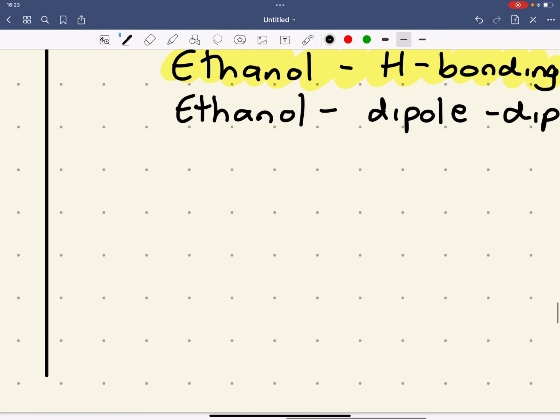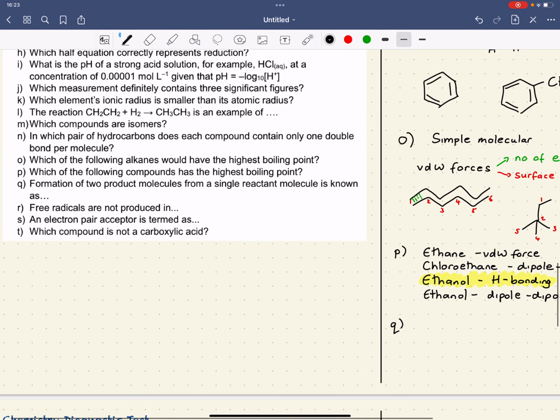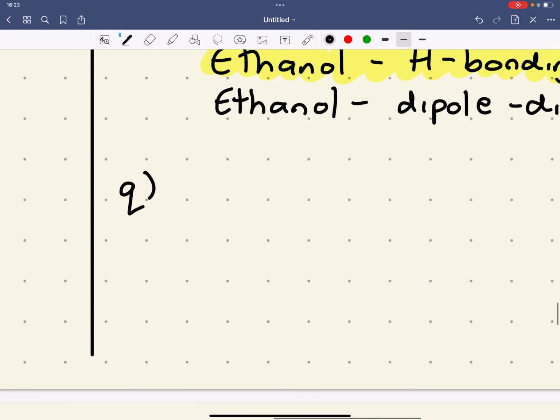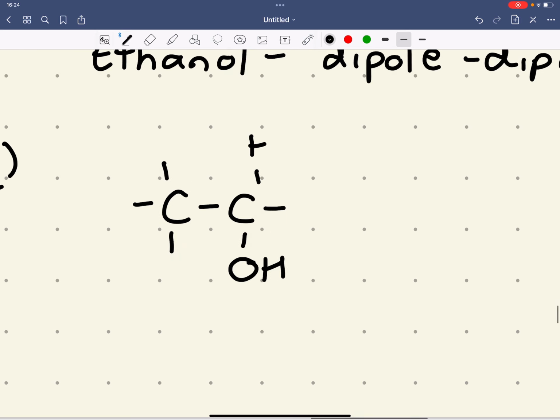Question 17 asks about the formation of two products from a single reactant molecule. That is known as an elimination reaction. A very simple example would be ethanol, with the hydrogens put in.